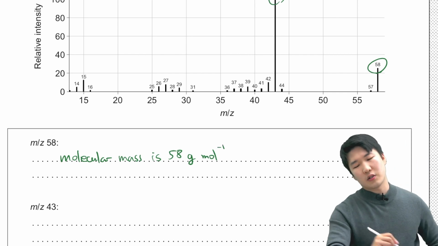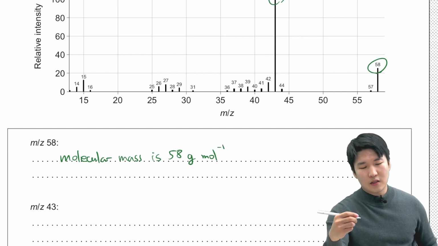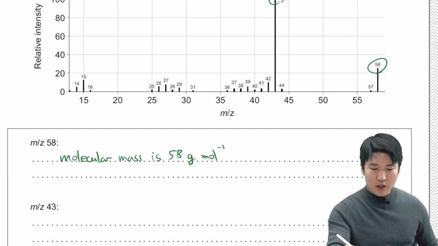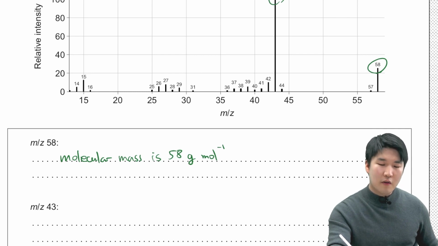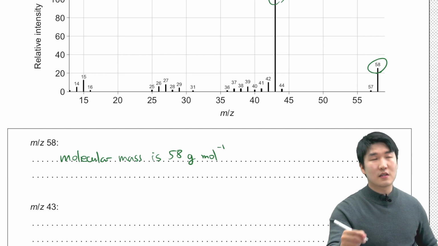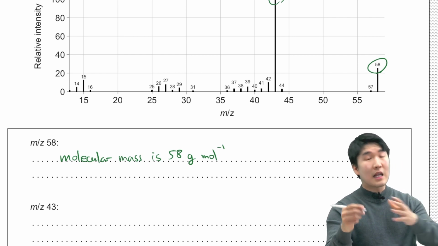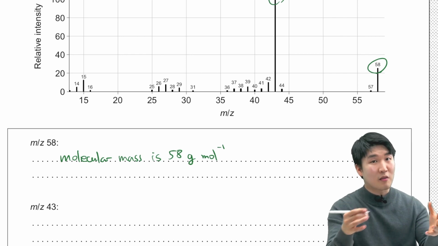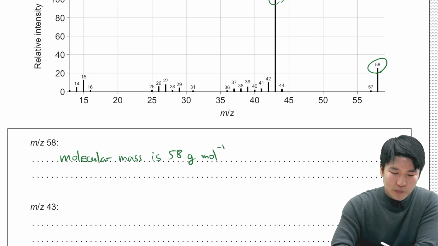Why? Because the highest mass to charge value is 58, and that peak corresponds to the unfragmented molecule, so the molecular mass must be 58 grams per mole.